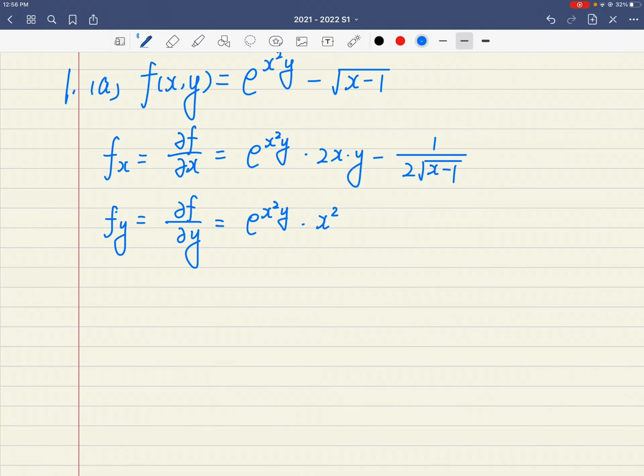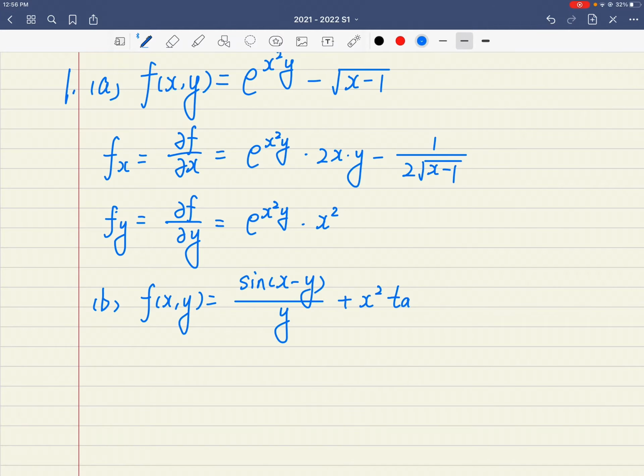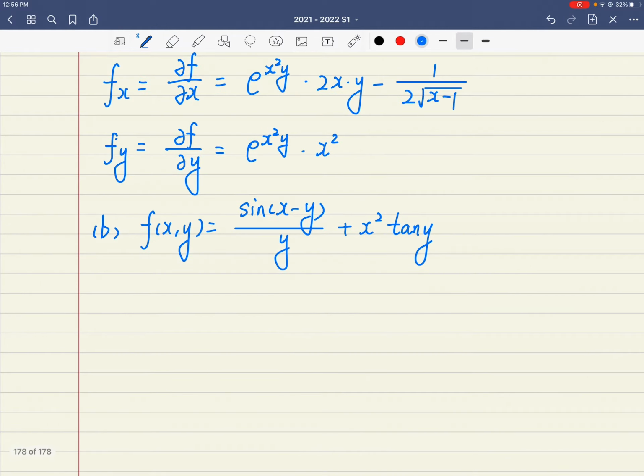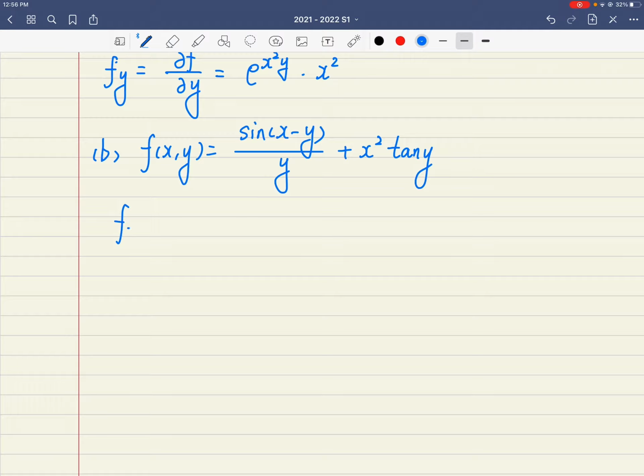Part B. Now your f of x, y is sine of x minus y, over y, plus x squared tangent y. Again, if you differentiate it by x, df over dx, you just treat y as a constant.